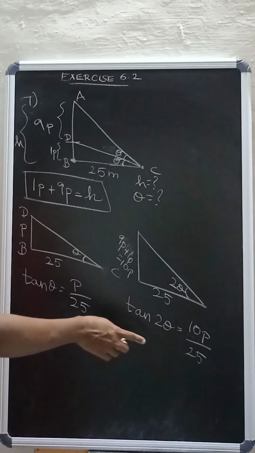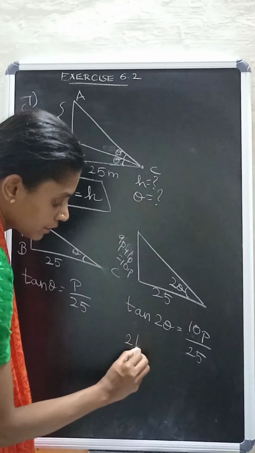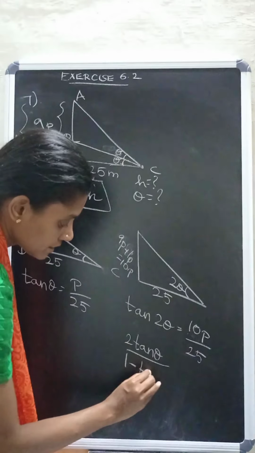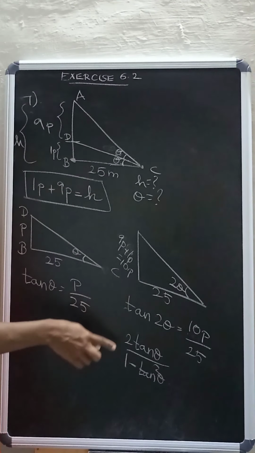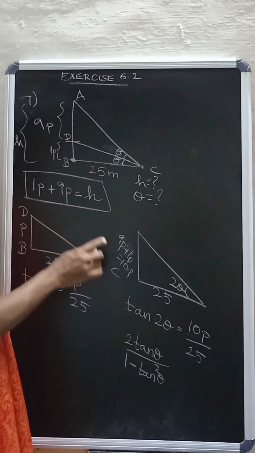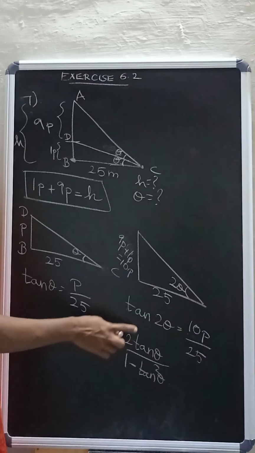Here you need to apply the formula for tan 2 theta. That is nothing but 2 tan theta divided by 1 minus tan square theta. Actually this formula comes in 11th standard only, but for this one particular sum we are using it. So you need to remember this formula by yourself.